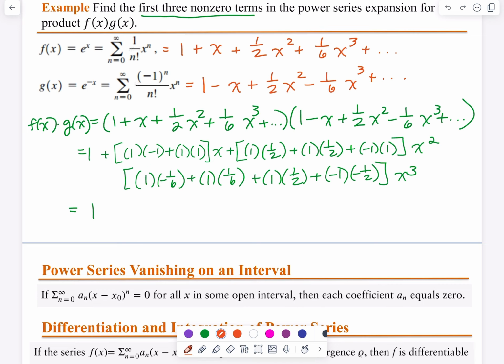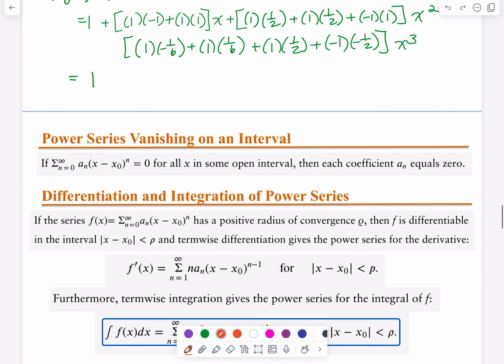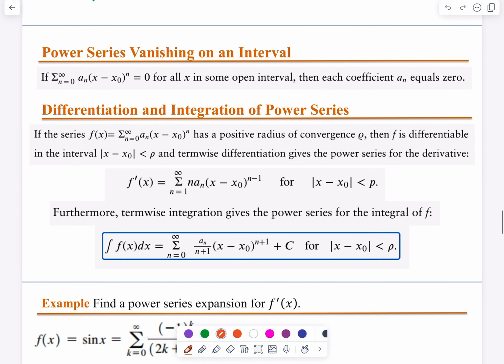Okay, let's talk about power series vanishing on an interval. So if the sum from n equal to 0 to infinity of a sub n times x minus x naught to the n is equal to 0 for all x in some open interval, then each coefficient a sub n equals 0.